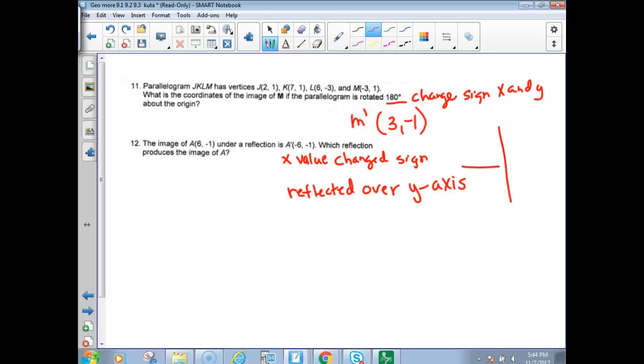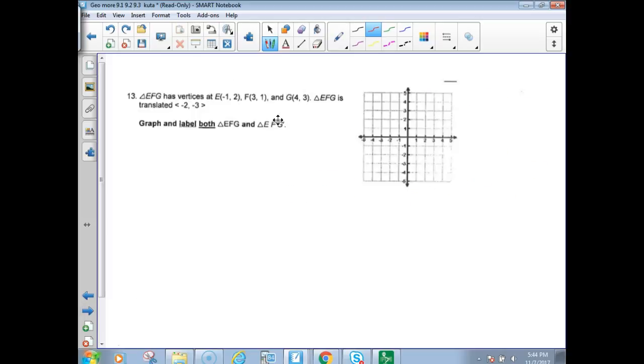Okay, because if you have X changing sign, 6, -1 would actually be somewhere over there. So I'll label that. If you went over the Y axis, then you'd travel over there, and that would change the point's value to -6, -1. That's a visual of it.